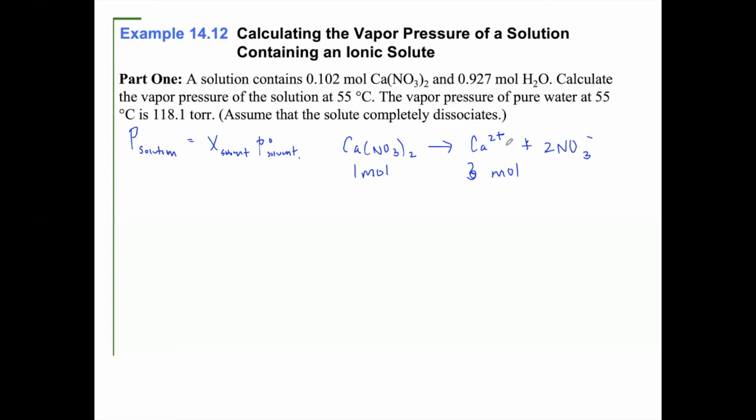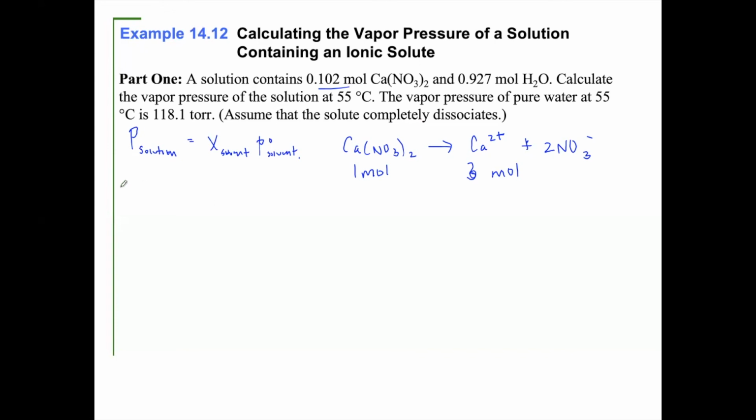But we're just going to keep this in mind because if we've been given 0.102 moles of calcium nitrate, what does that translate to for moles of ions? In order to solve for this vapor pressure, we need the mole fraction of water. The mole fraction of water is the moles of water divided by the moles of everything in this solution.